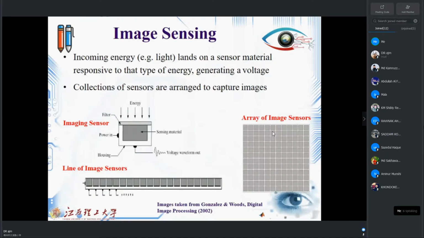Let us think about this subject, image acquisition, the image sensing part, in which we have some incoming energy, for example some light, which lands on some sensor material. These sensors are responsible for sensing some type of energy, and then they generate a voltage.